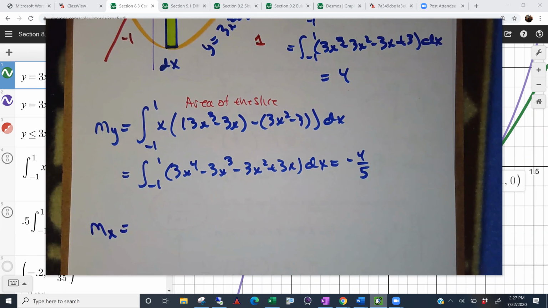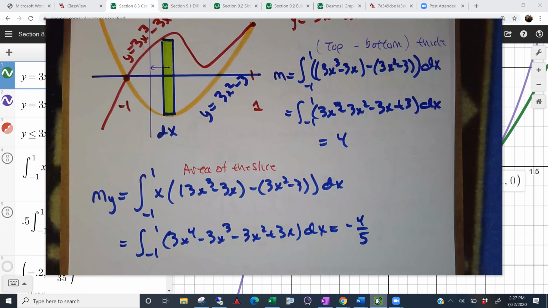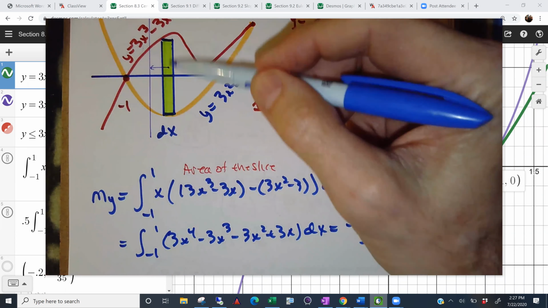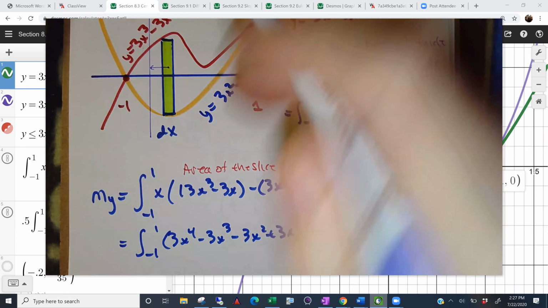So let's work on finding the rotational force around the x-axis. This is where we need the average height, or the midpoint of this.